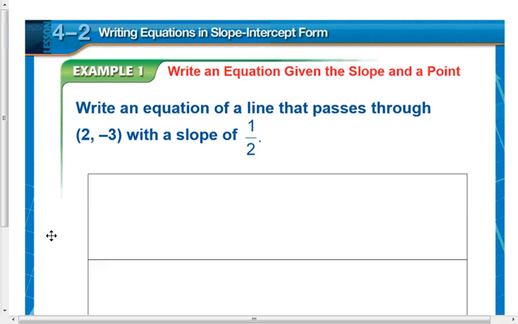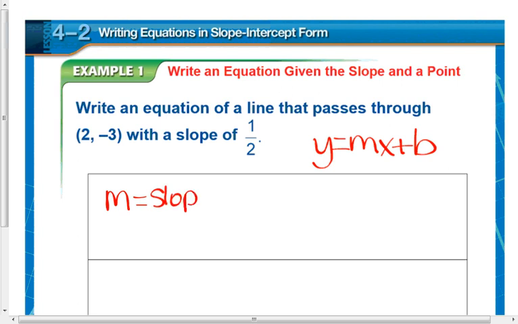What is the value of m? Well, another way of saying m is what? Remember, y equals mx plus b. What does m mean in that situation? He said slope. Very good. Ladies and gentlemen, they tell us that we have a slope of 1/2. Good.